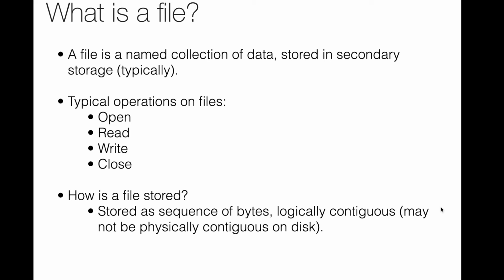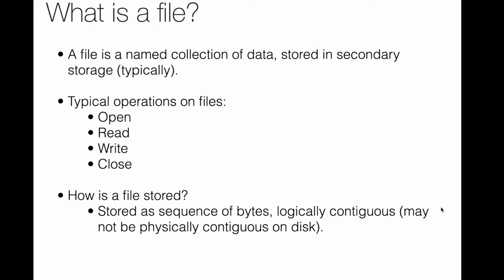So let's consider how the information is stored in a text file. Those are stored as a sequence of bytes, hopefully logically continuous. Sometimes if a file is too large, then it might be divided into some disk fragments, right?